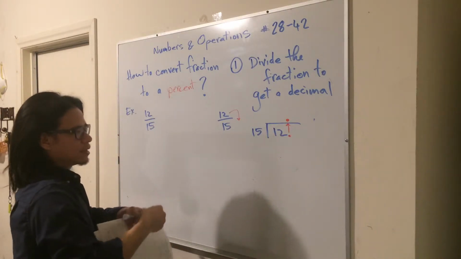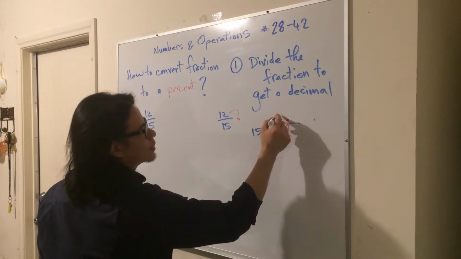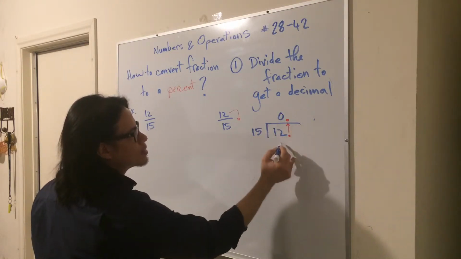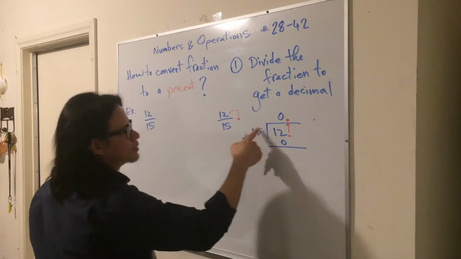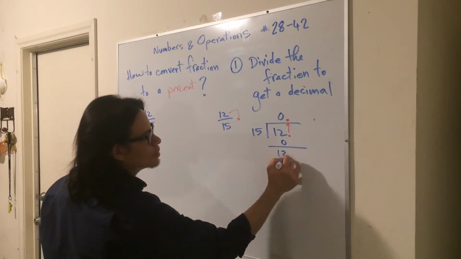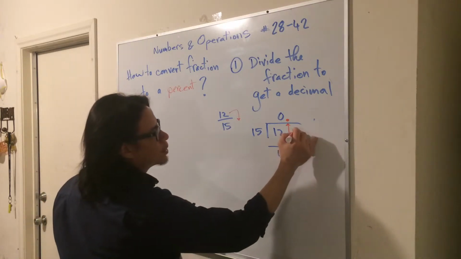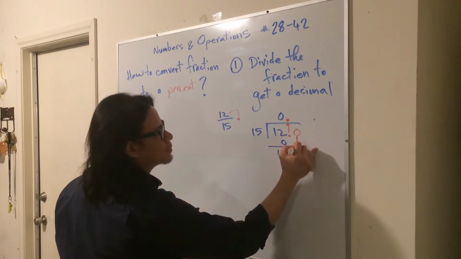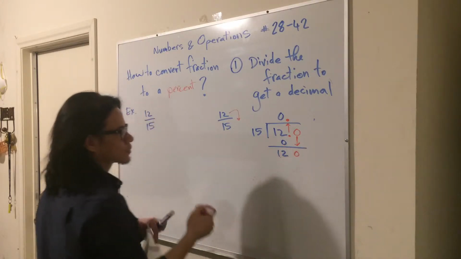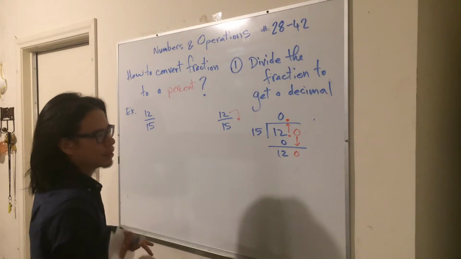Okay, ask yourself, can 15 go into 12? It's too big, so put in a 0. 15 times 0 is 0, and then you do your subtraction. You have 12 as a remainder. Bring down the next 0 here. Ask yourself, can 15 go into 120?